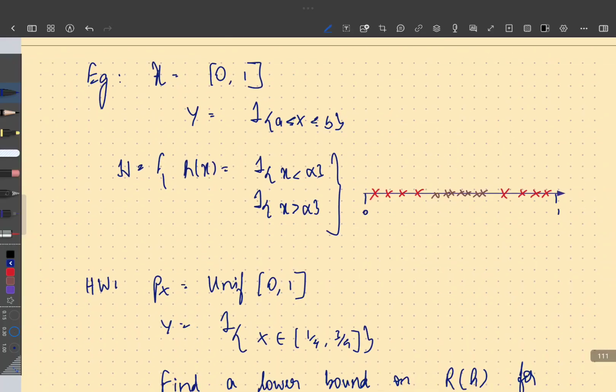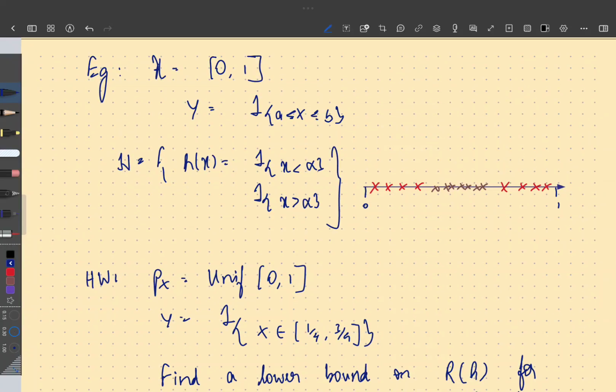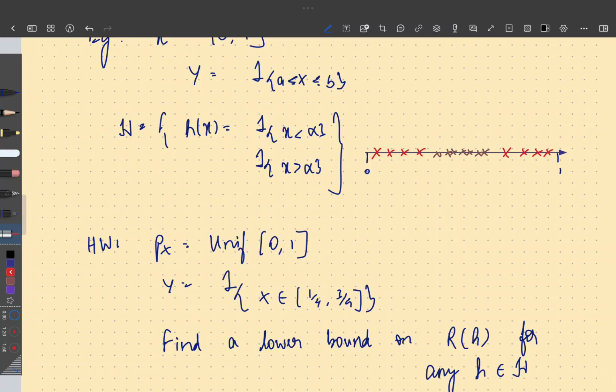This is the case even though there is a simple non-linear classifier that actually achieves 0 generalization error. So the natural idea would be, let's try to enhance the hypothesis class that we're looking at. Instead of looking at just linear classifiers, maybe we should look at non-linear classifiers as well.